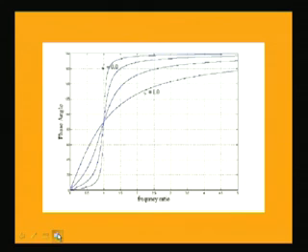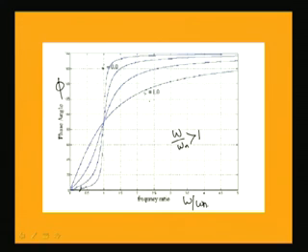Also you can plot the phase angle phi versus omega by omega n. In this case you can observe that for low damping or for an undamped system, the angle phi is almost 180 degrees for frequency omega by omega n greater than 1, and for all the systems you can see that for very low values of omega by omega n, this phase angle is near 0.